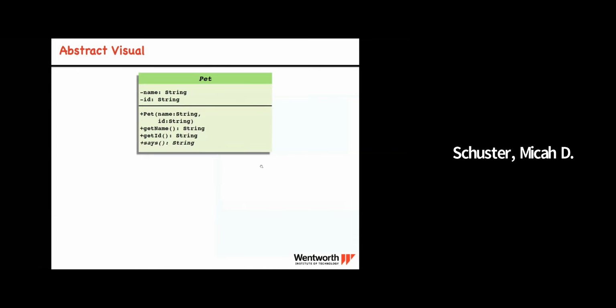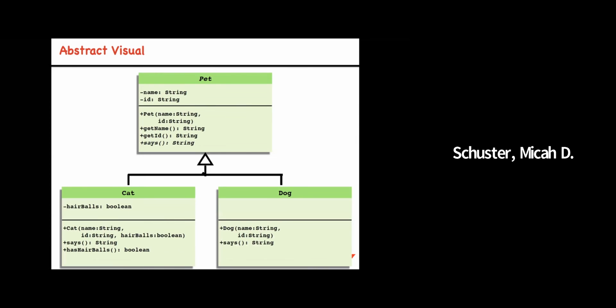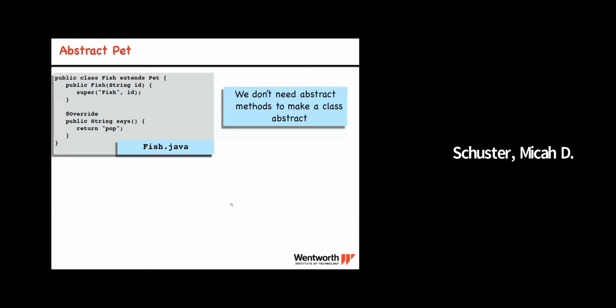If we draw out the UML diagram of this, we get our nice inheritance arrows here. We have some italicized stuff representing that we've got abstract methods or abstract classes. And then we see that both dog and cat implement says. So if we want to make, say, another pet, like a fish, then really the only thing that we need to do is something like this.